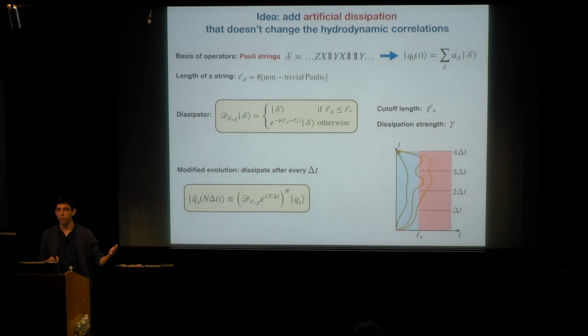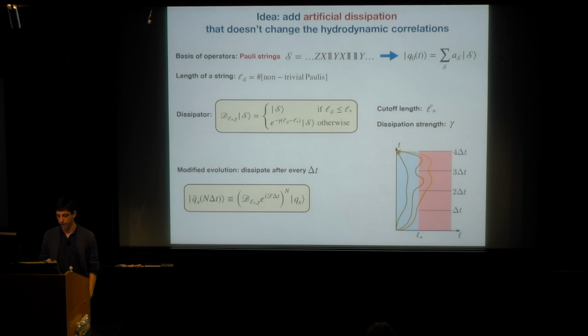You have conserved quantities, which are sums of local densities. You want to choose this L star big enough that those will not be affected. And for things that are above the cutoff, they get hit by a factor which is exponentially small in their length, and this exponent is controlled by some dissipation strength gamma. If you take gamma to be 0, then this does nothing. If you take gamma to be infinite, then you're just projecting out all your non-local operators which have size larger than L star.